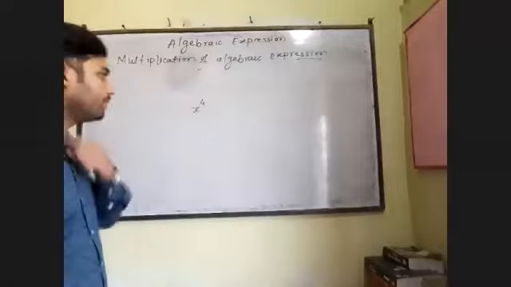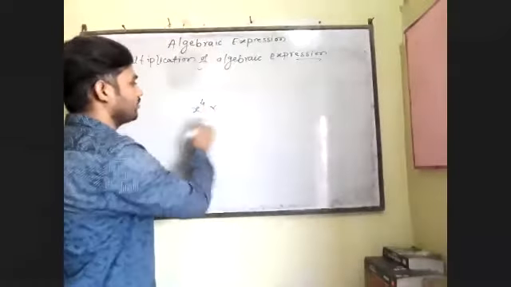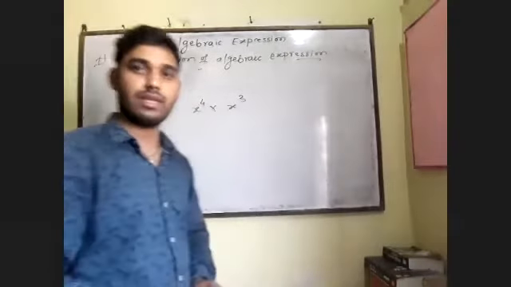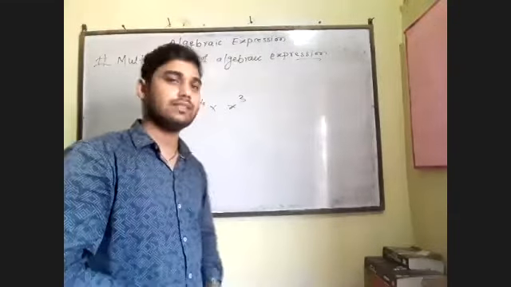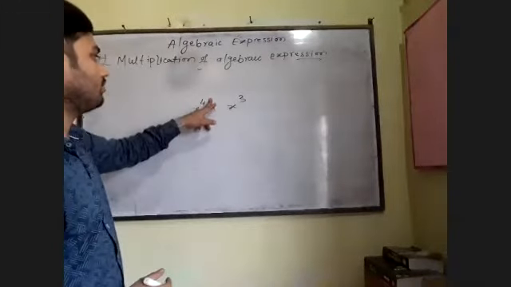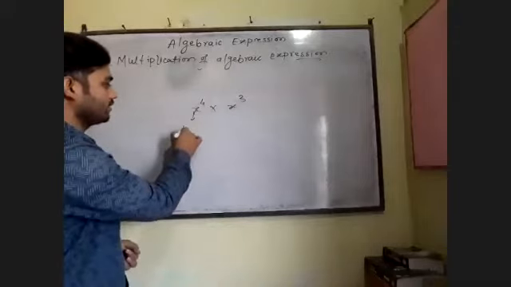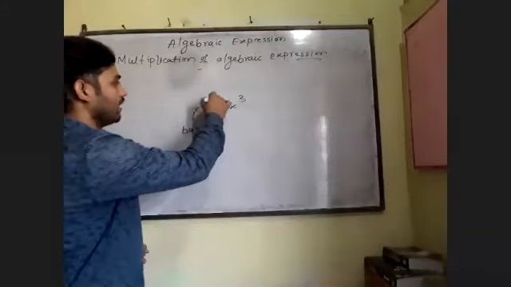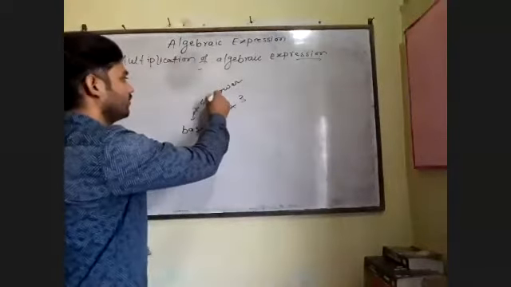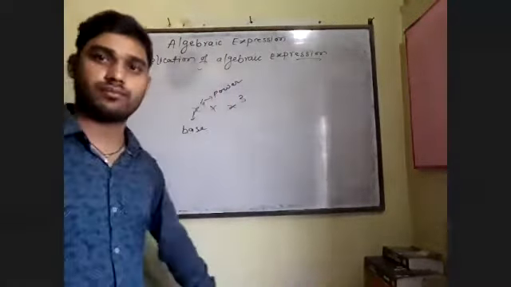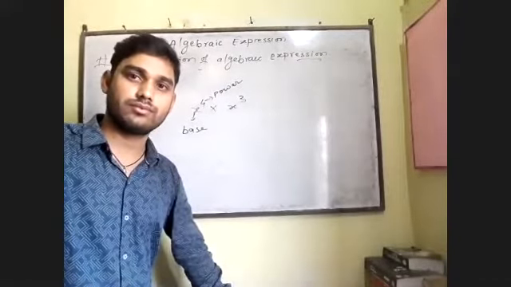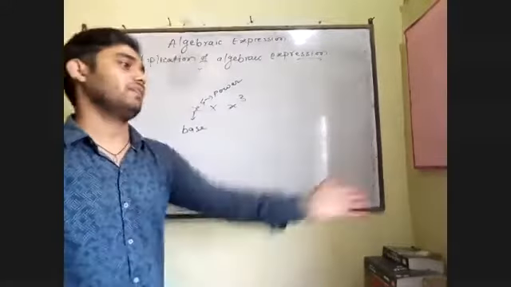Let's see. If it is x to the power 4 and x to the power 3, x to the power 4 is the exponential form. This is called the power, and this is called the base. Why do we give power?